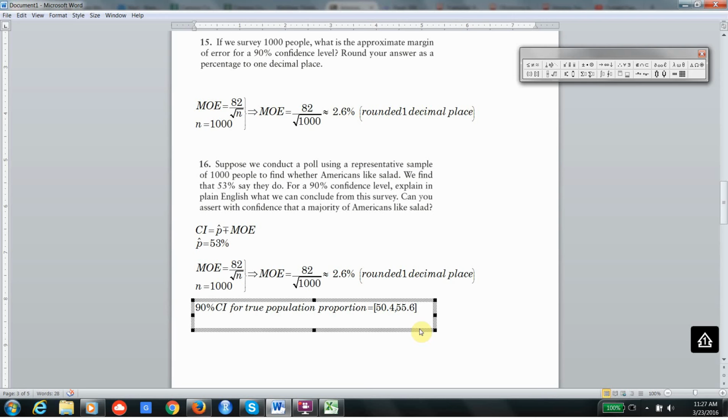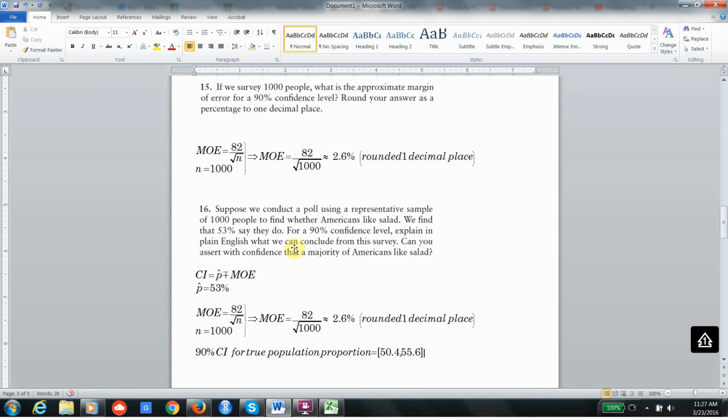Now, how would we explain this? It says, can you assert with confidence that the majority of Americans like salad? And we have to explain what this means.